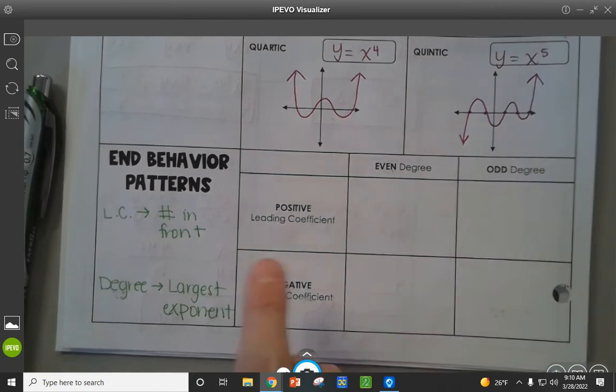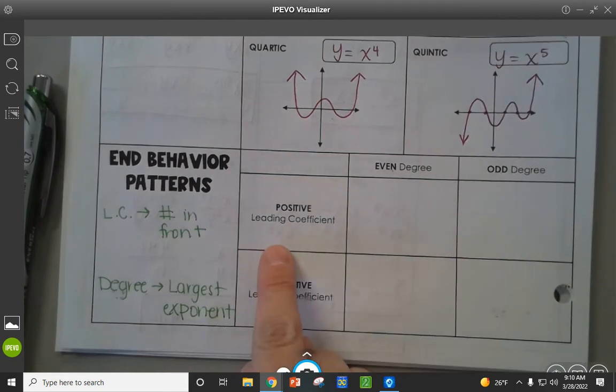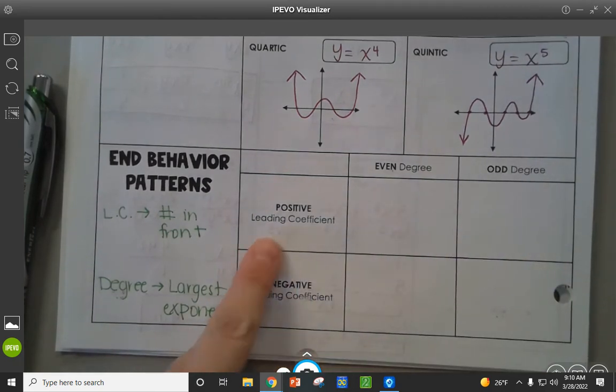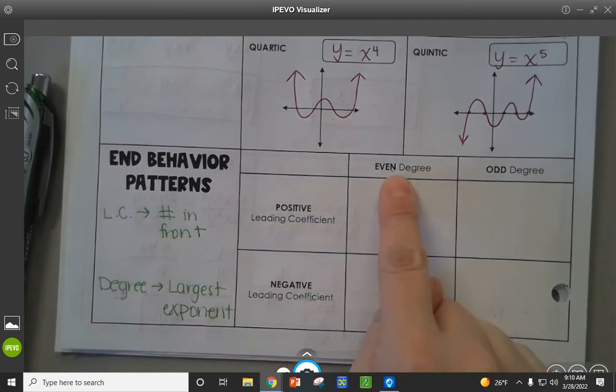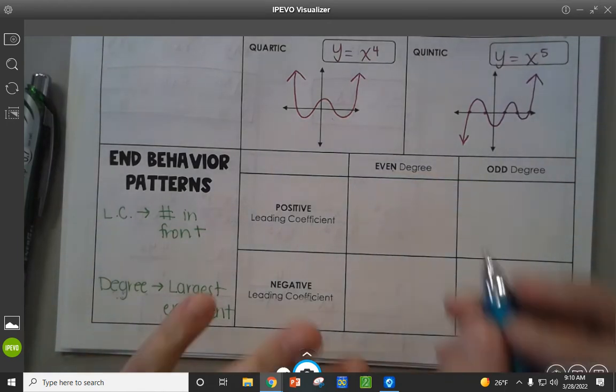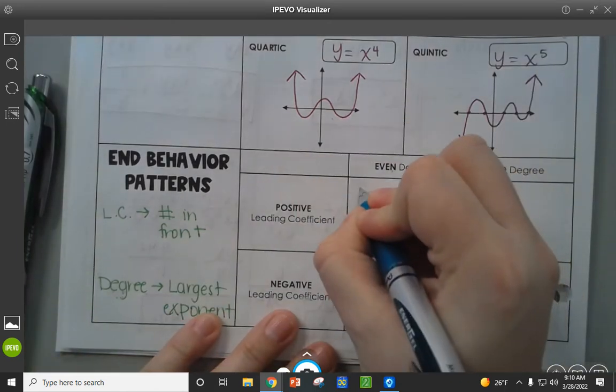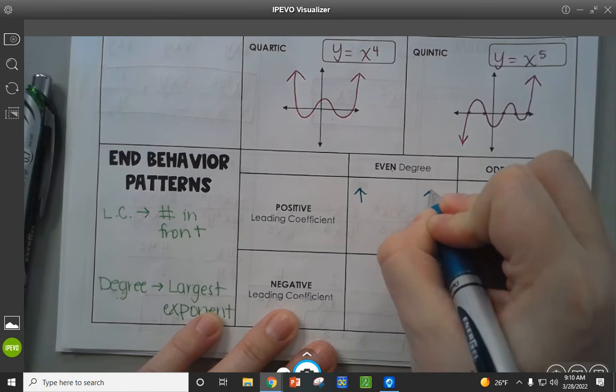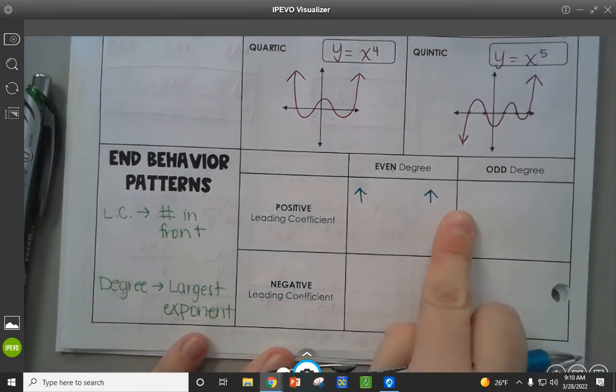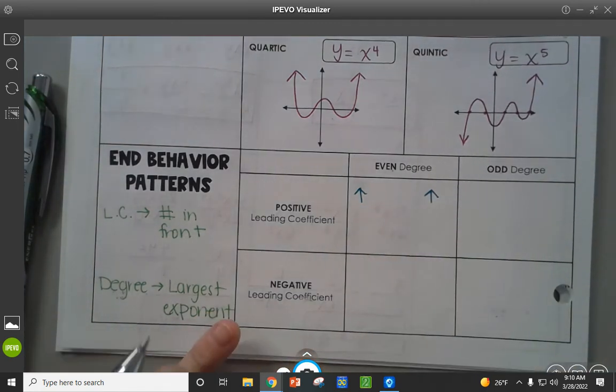So I'm going to fill in this chart for you. If your polynomial has a positive number in the front and the degree, the largest exponent, is an even number, then both of your arrows point up. So the left side points up, the right side points up.